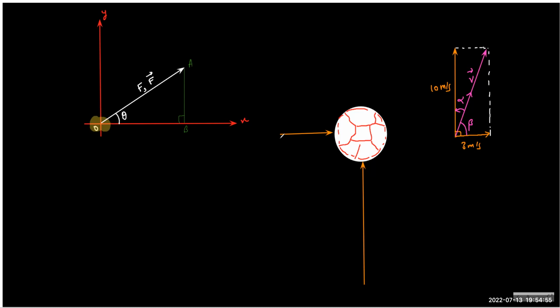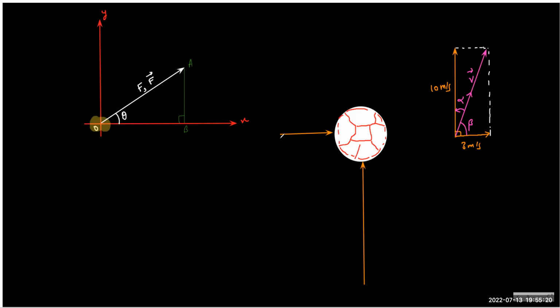So a vector will have how many components? Two? A vector can have infinite components because you can turn by infinite directions, right? So how much can you turn from the original direction? Any angle.